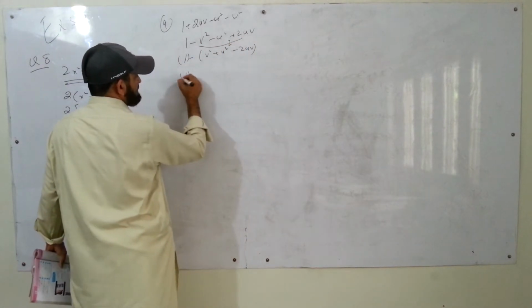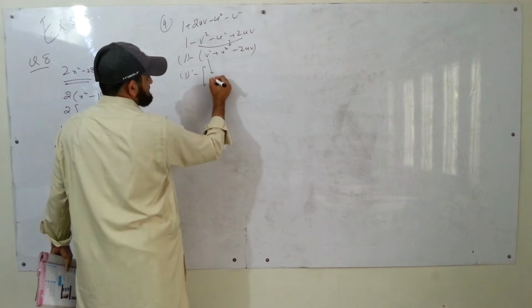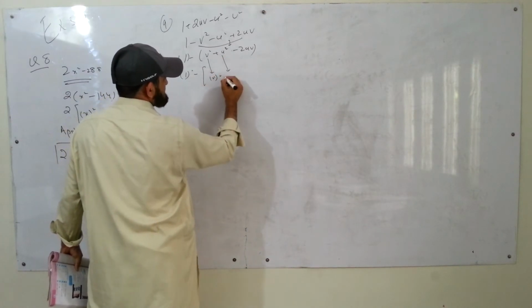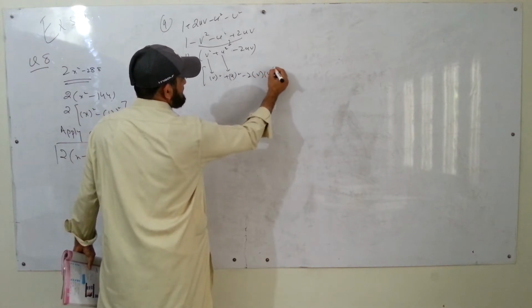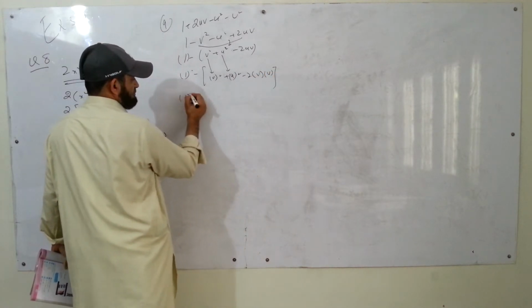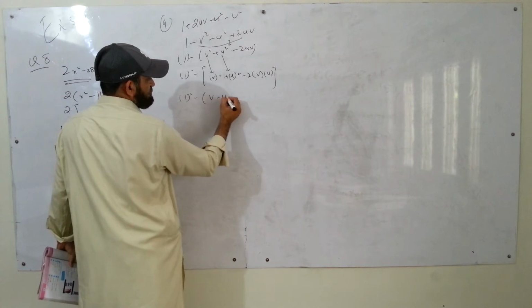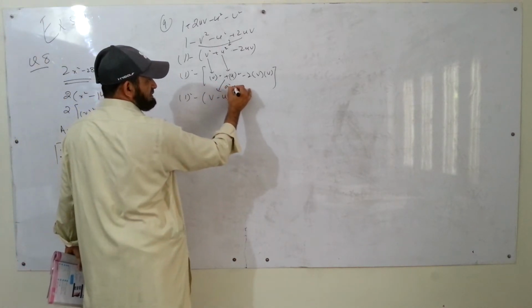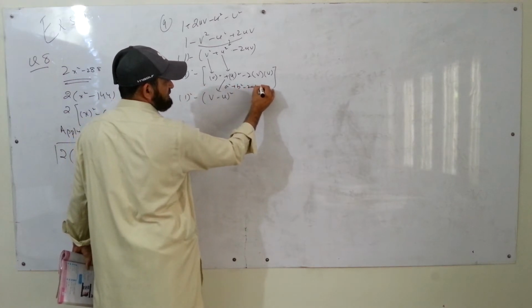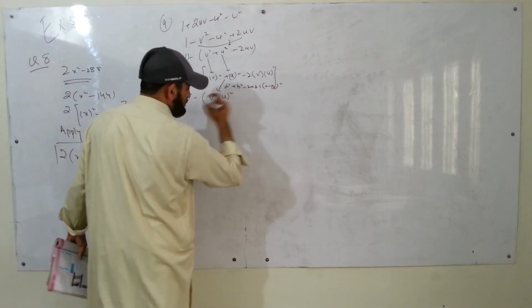Which formula? a square plus b square minus 2ab equals a minus b whole square. It's a formula.